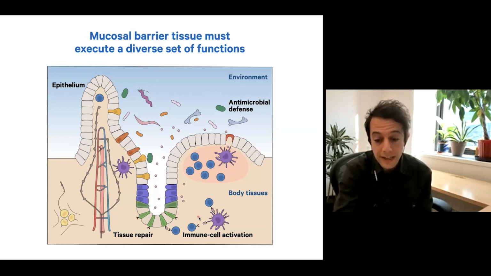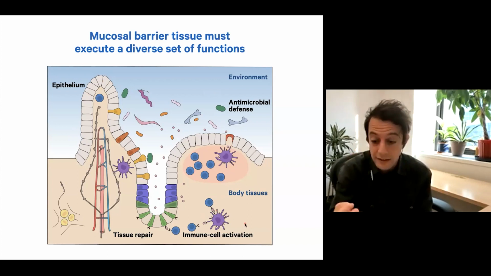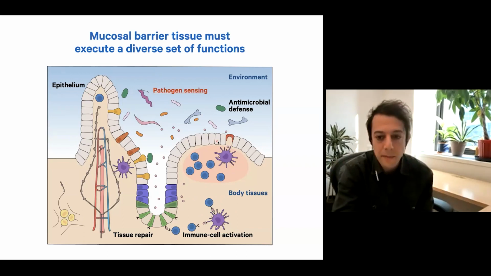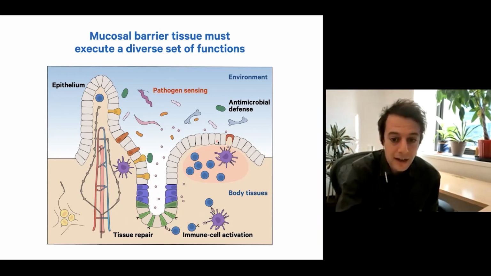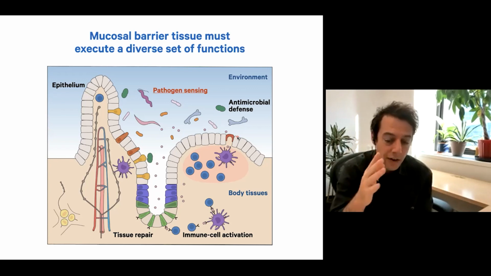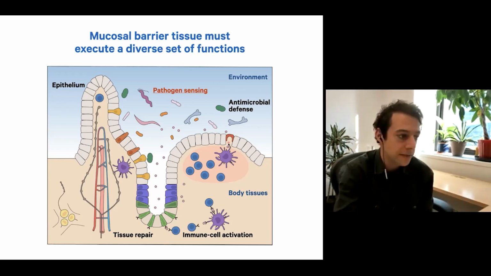And importantly, they can regulate the local immune system through antigen presentation, production of cytokines, and other inflammatory mediators. And they have to mediate tissue repair in the instance of damage. And perhaps most importantly, they're really important in sensing the pathogens that are in the local milieu and directing whether there's an immunological response or tolerance.